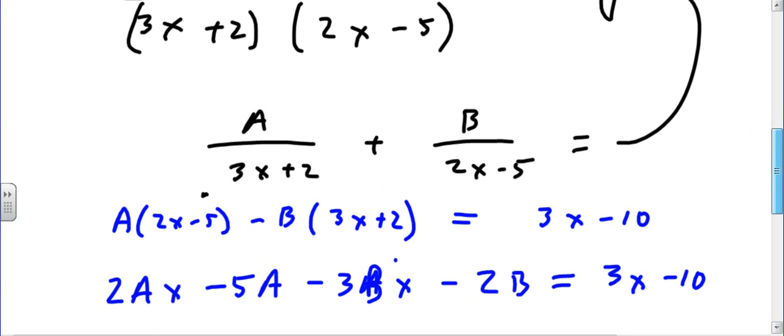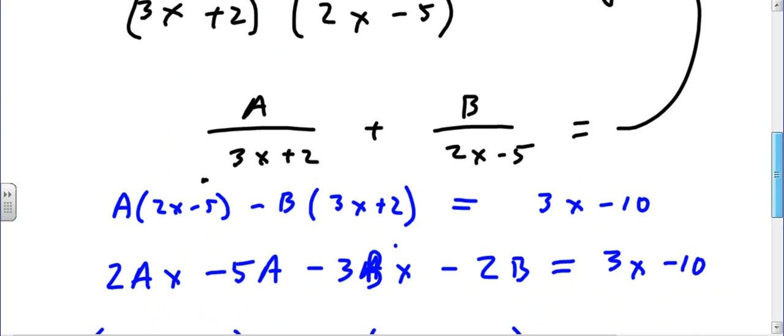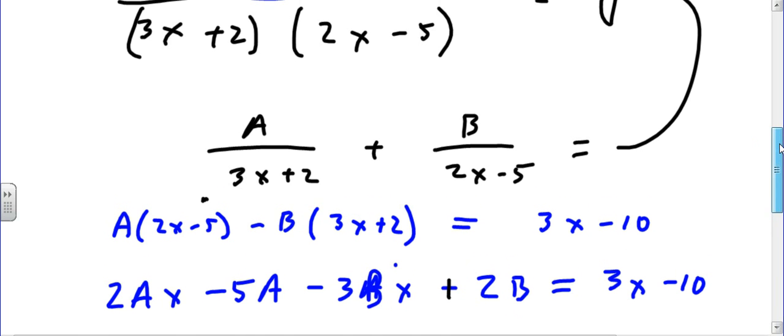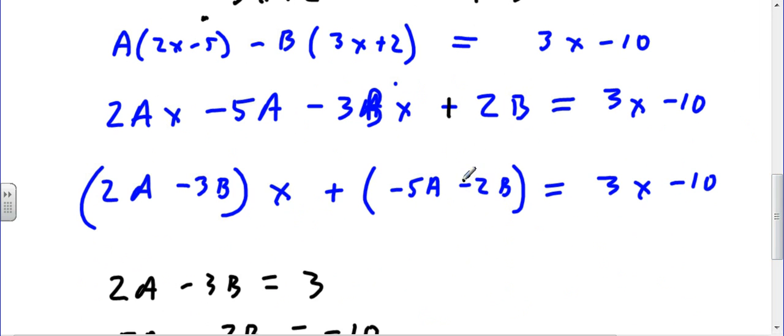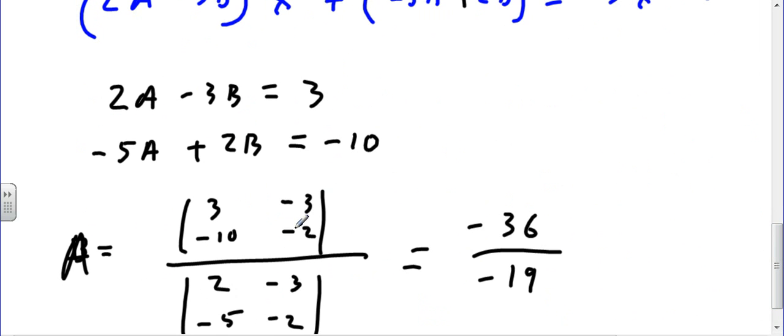2ax minus 5a, minus 3bx plus. So that's a plus sign. That's a plus sign. That's a plus sign. Where's the plus sign? Right there, and right there.